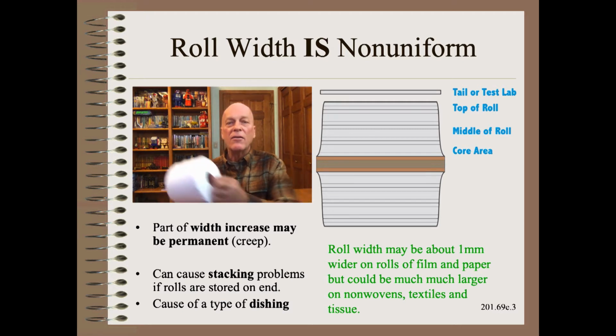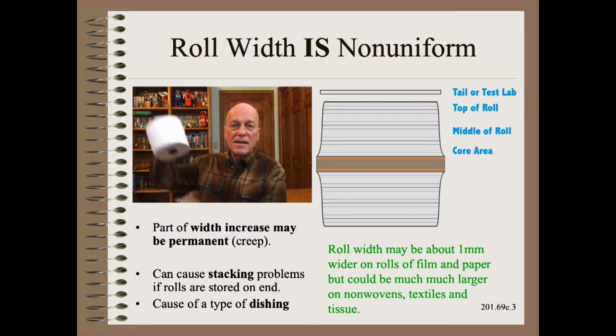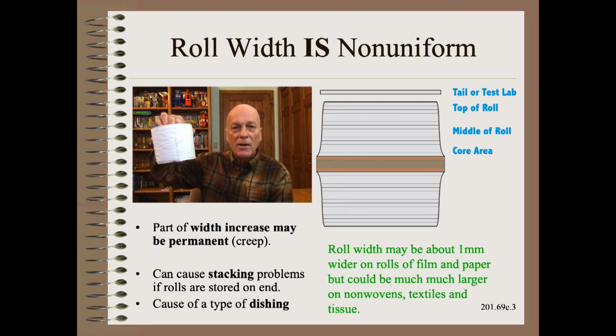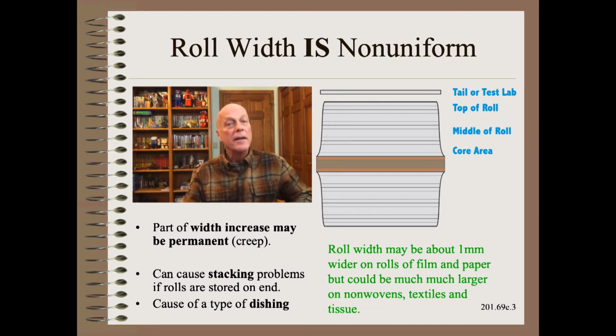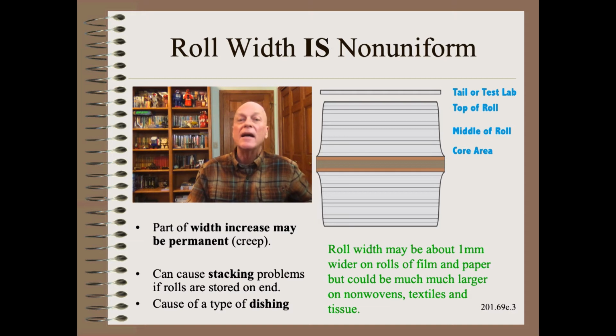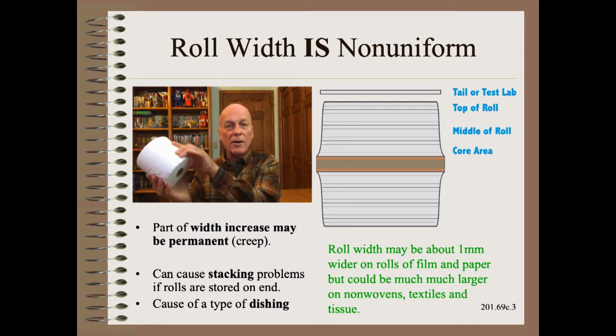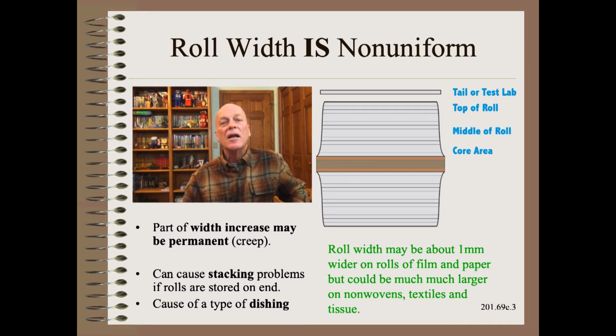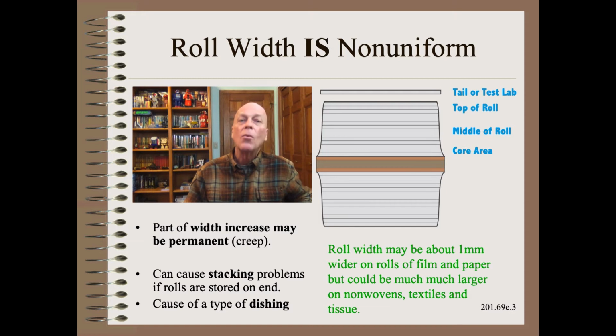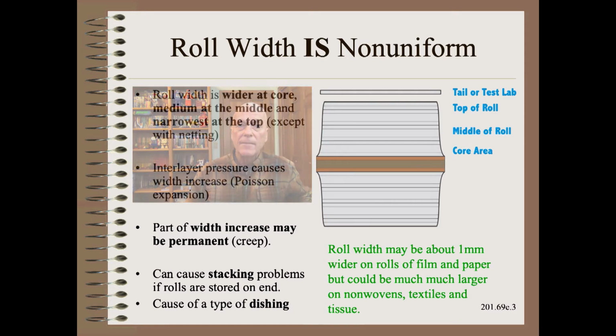This uneven roll end can cause stacking problems if the roll is stacked on the end. This can even cause safety problems in the warehouse and has caused fatalities as stacks tipped over. This uneven roll width also causes a common type of dishing on wide 2-drum winders.